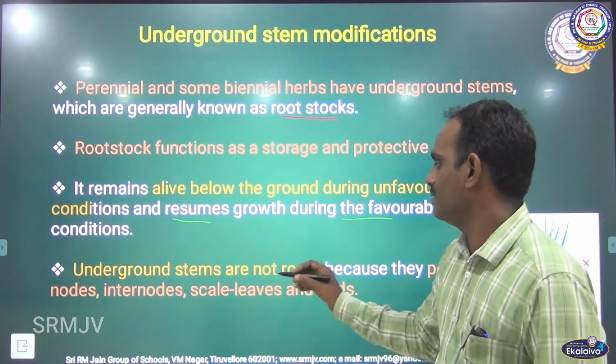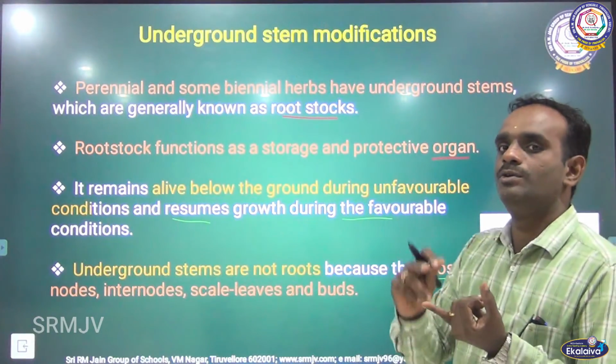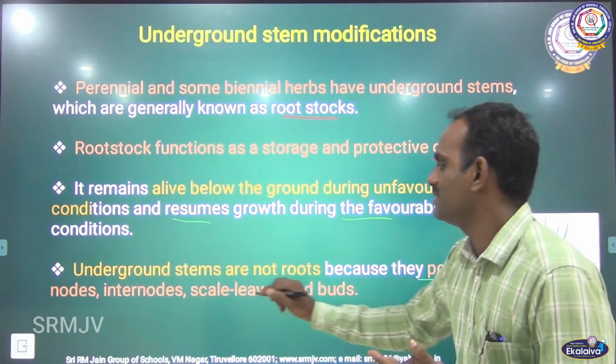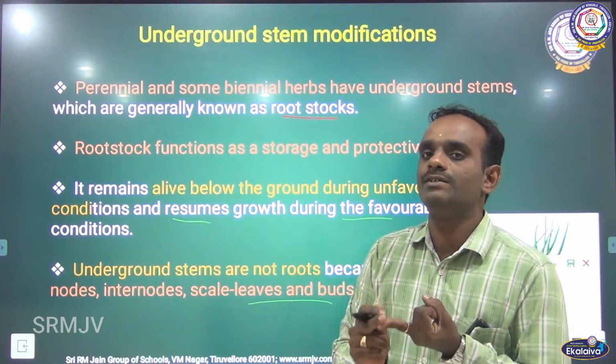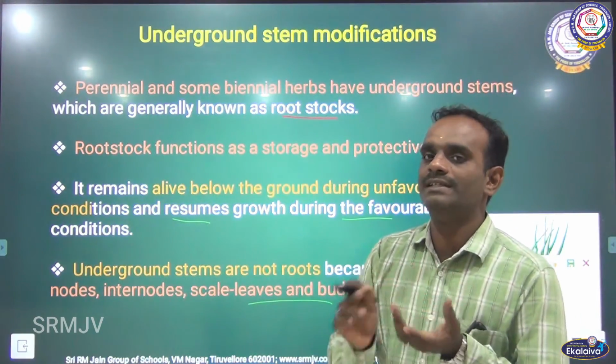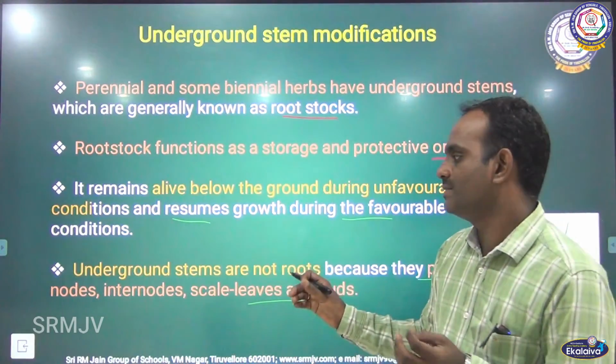Underground stems are not roots because they possess nodes, internodes, scale leaves and buds. The presence of nodes, internodes, scale leaves and buds are the characteristic features of a stem. It is not a root.